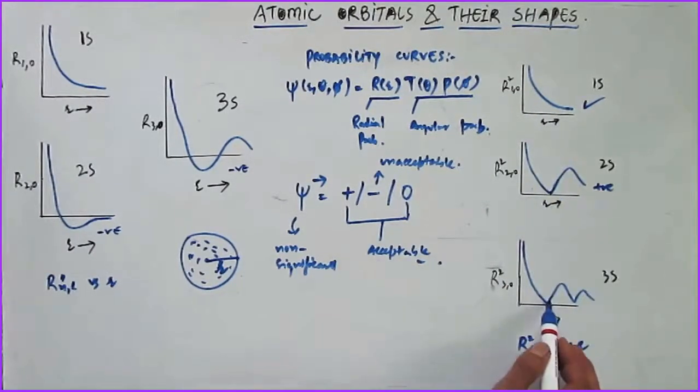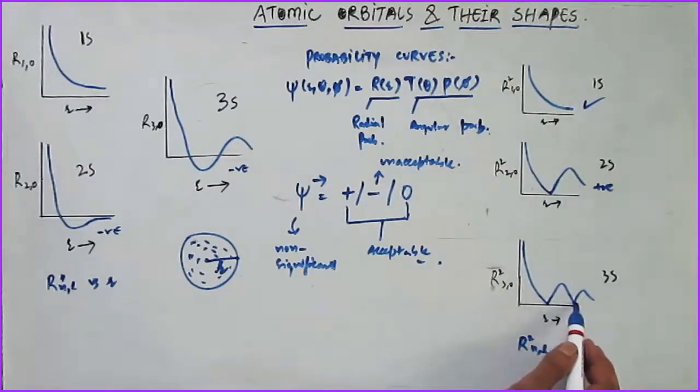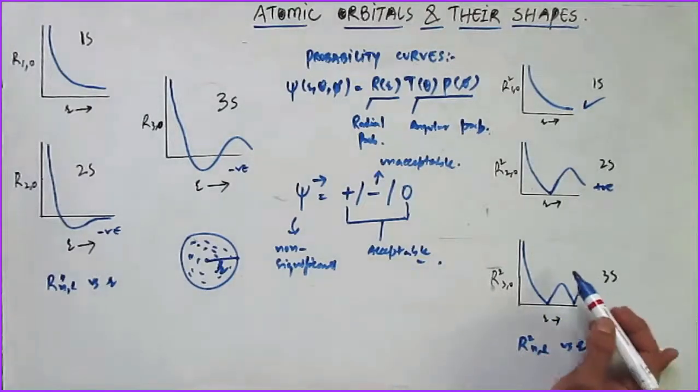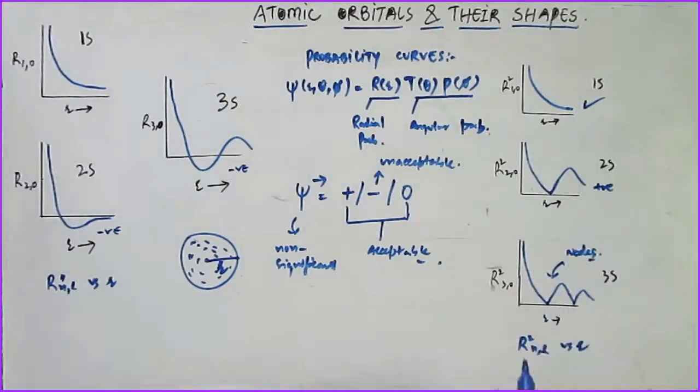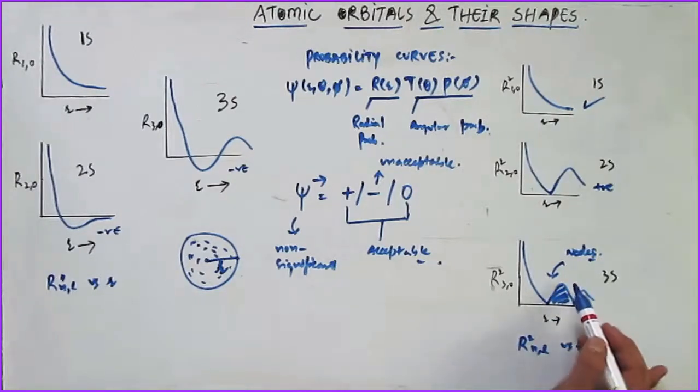That means the probability is decreasing at these points, and these points we call nodes. A node is a place where the probability of finding an electron is 0, whereas these peaks are the regions where the probability of finding an electron is maximum.